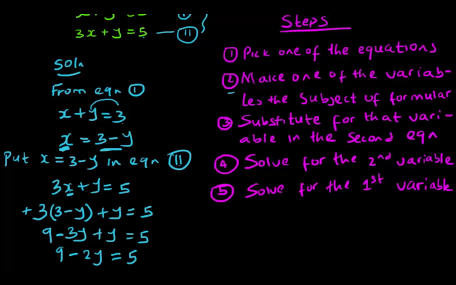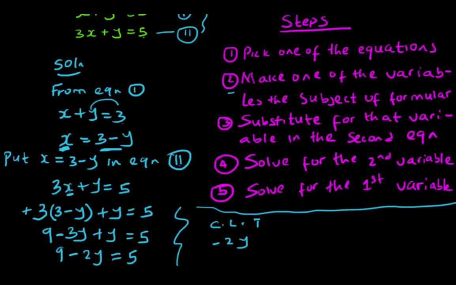Now I have to collect like terms. So 9 will come and meet 5 because they are both numbers. -2y = 5. Now the sign of 9 here is plus. When it crosses the equal sign, it becomes -9. So I have -2y = 5 - 9, which is -4.